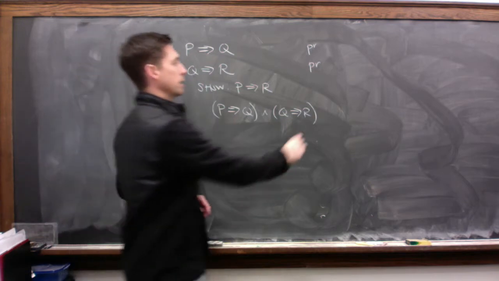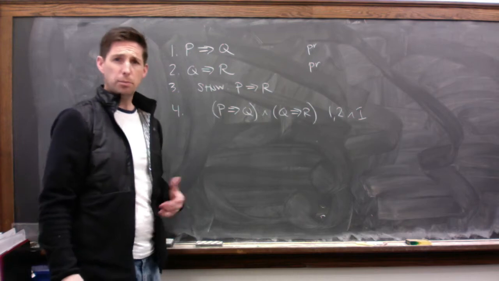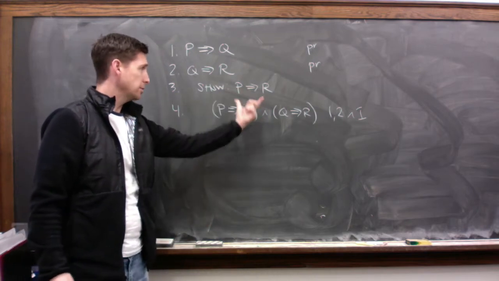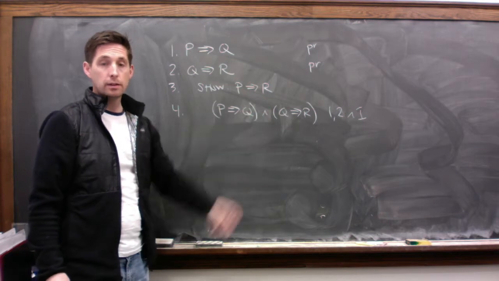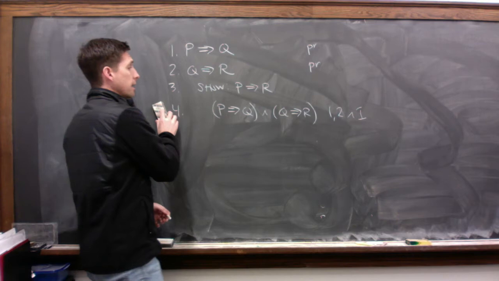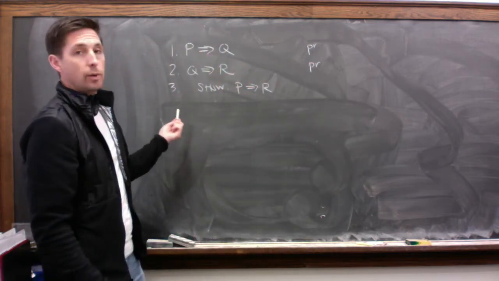That follows from 1 and 2 by and in. But pretty clearly that's not going to help us get if P then R. That's not anywhere close to that formula there. So we're just kind of stuck with our current rules. There's no way we can prove that this argument is valid, even though we know that it's valid.